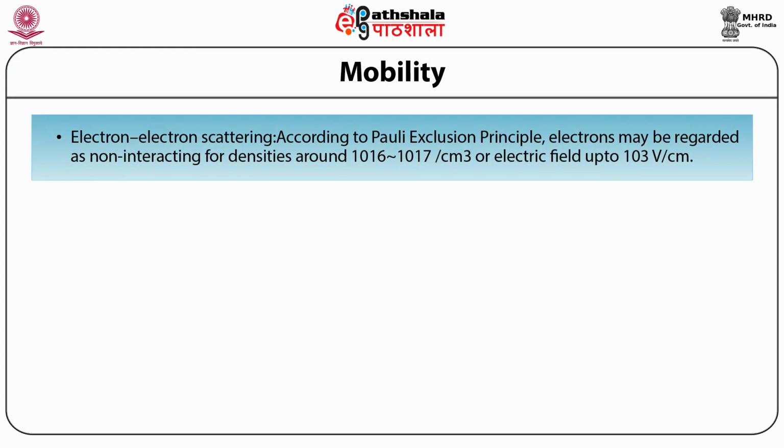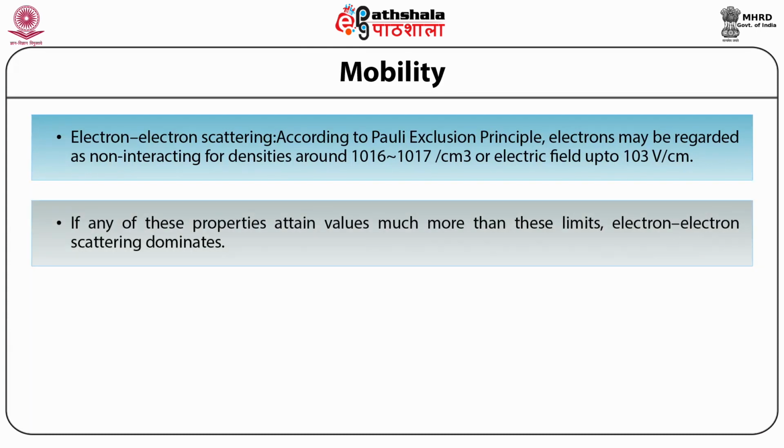Electron-electron scattering. According to the Pauli exclusion principle, electrons may be regarded as non-interacting for densities around 10 raised to power 16 to 10 raised to power 17 per centimeter cube, or electric field up to 10 raised to power 3 volt per centimeter.